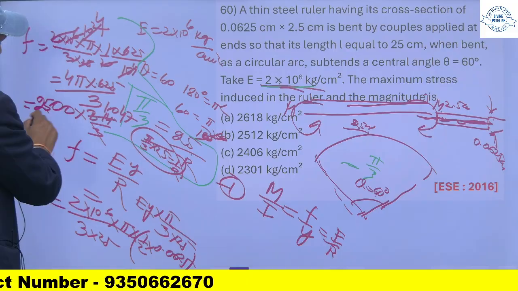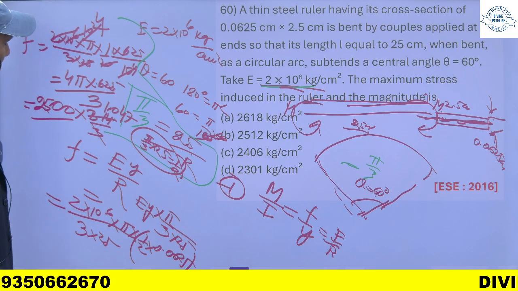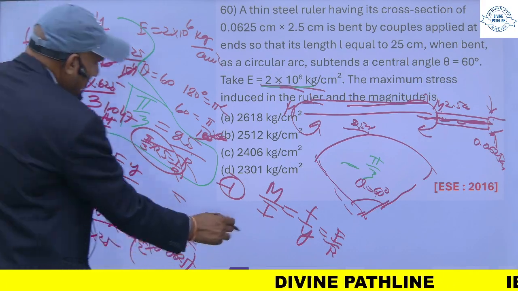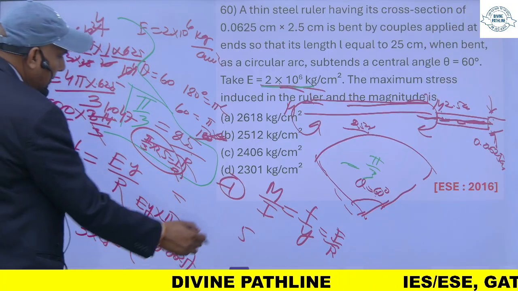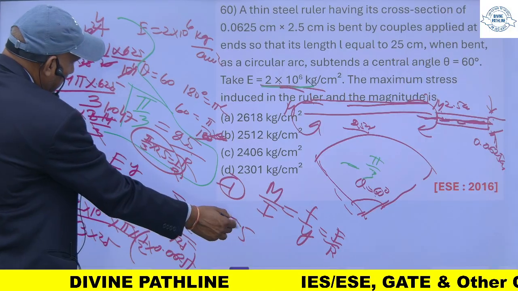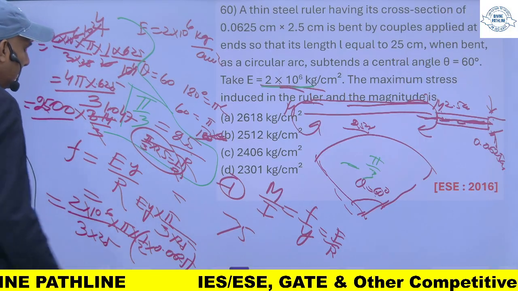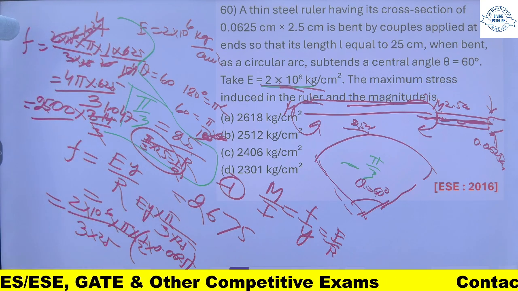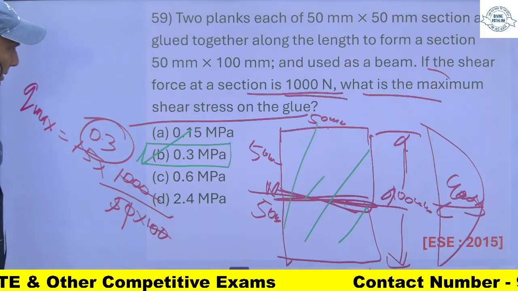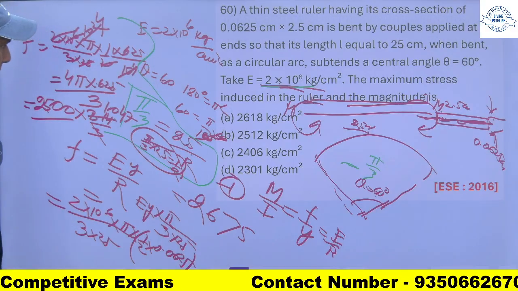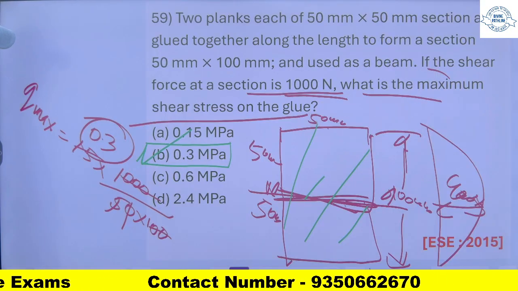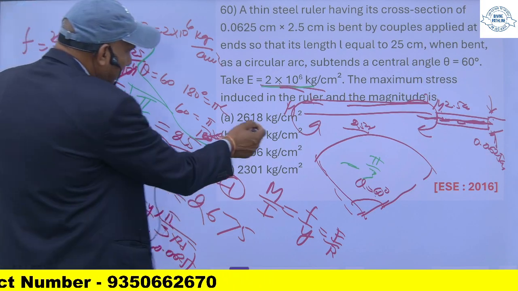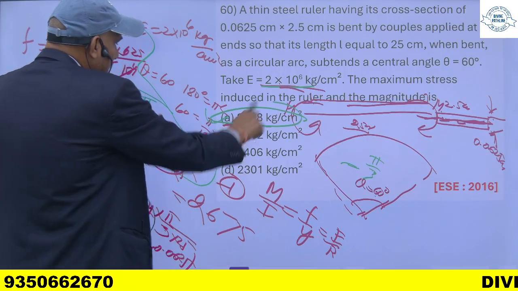So this 2500 multiplied by this one, you will get 2617. So 26 something you will get. So you will get 2600 something. So this will be the answer.